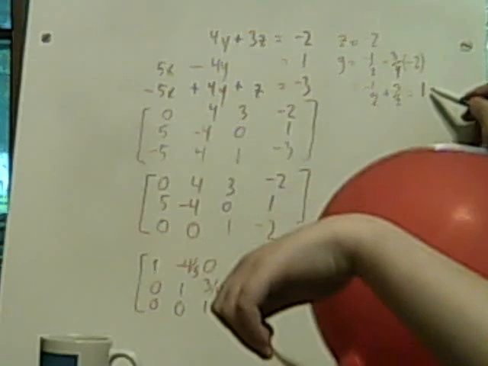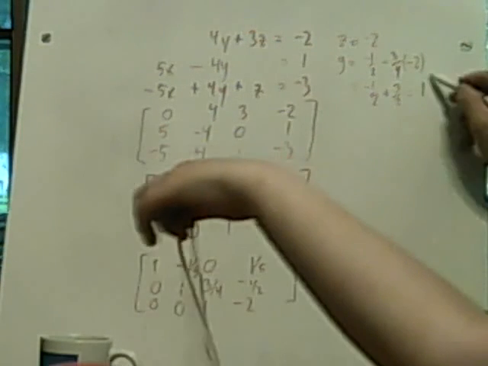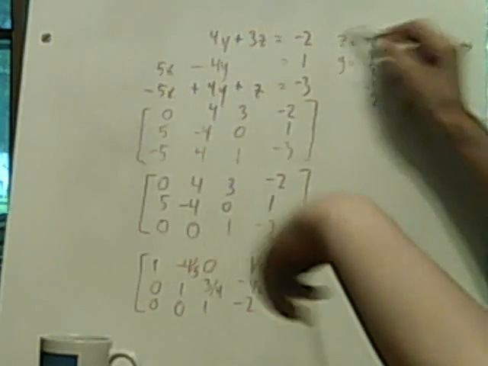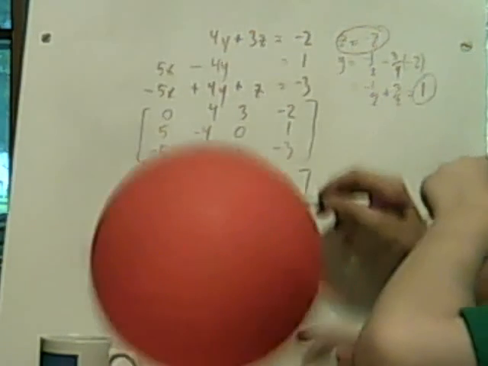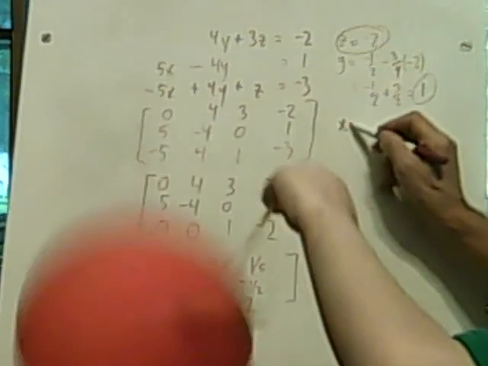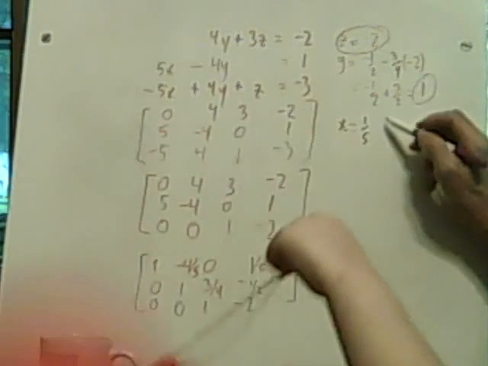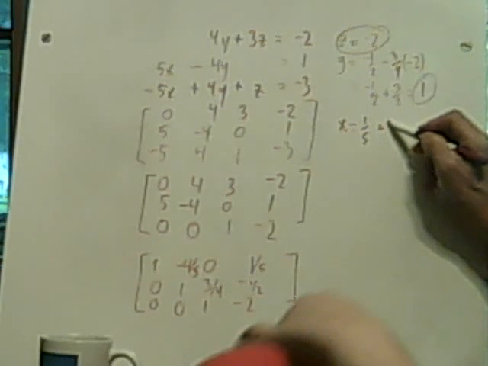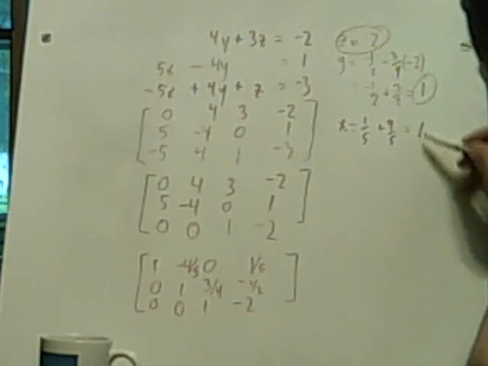That's equal to 1. Good. Okay, and then x, which is going to be the one on the top, x is equal to 1/5 plus 4/5 times y. y is equal to 1. So that's actually also equal to 1.